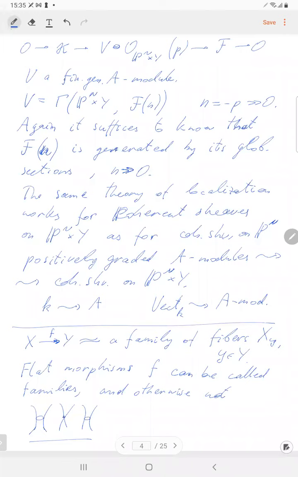Okay, so let me give a definition of flat morphism now. Let me give this definition first and then generalize it.